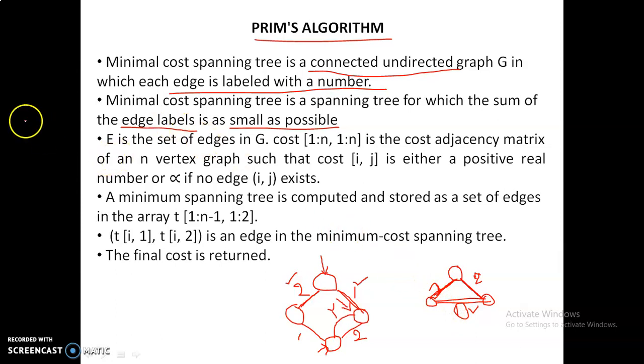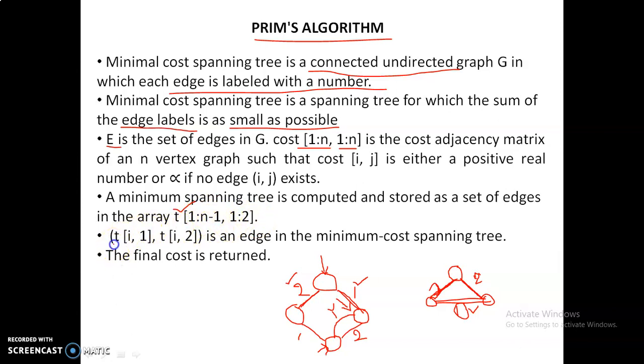In Prim's algorithm, E specifies the edges, and we use the adjacency matrix. Using 1 to n and 1 to n, this is the n by n adjacency matrix we'll use in the minimum spanning tree. We also have T, the tree which holds all the minimum spanning tree edges.